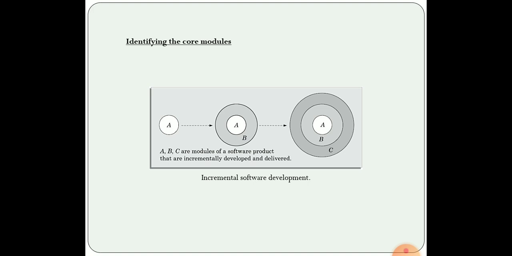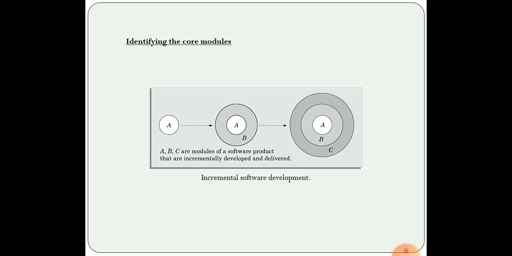The development team first develops the core modules of the system. As I said, the core modules are the individual modules that do not need service from the other modules. They are independent modules. On the other hand, non-core modules need service from the core modules.